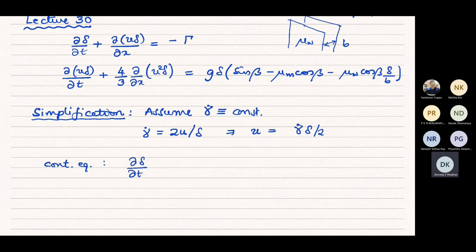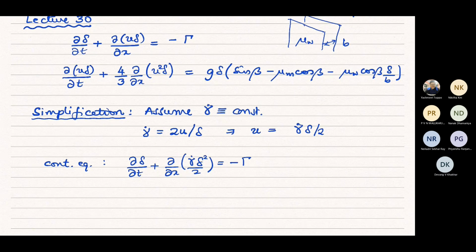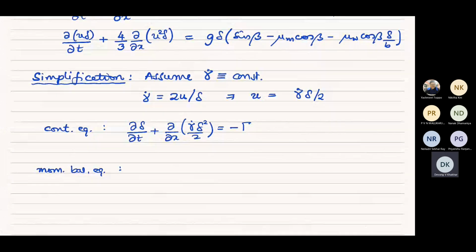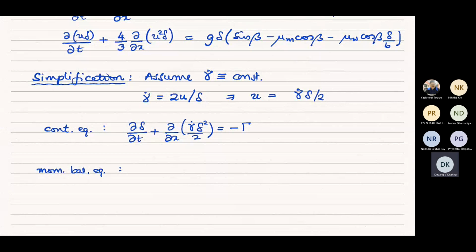del delta by del t plus del by del x of, now here I can just replace this u by gamma dot into delta. So that just gives me gamma dot delta squared by 2 is equal to minus gamma. And then if you look at the momentum balance equation, of course this is the momentum balance in the flow direction, then you get del by del t of, now instead of u we are going to put gamma dot delta by 2.